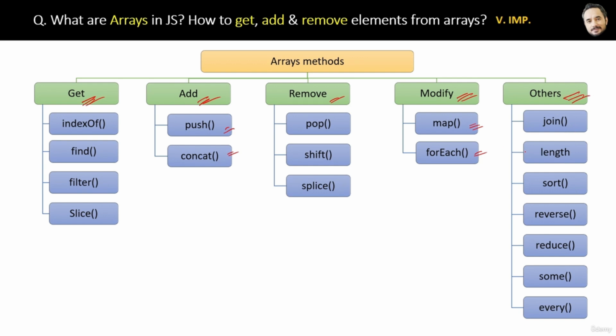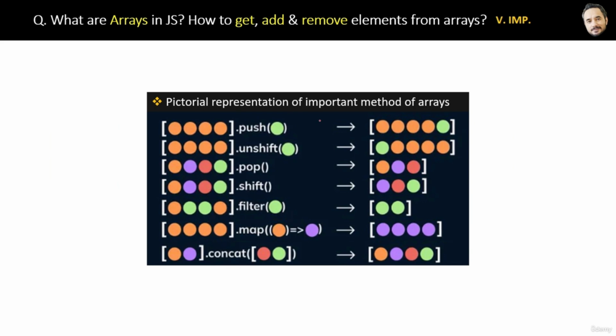I will discuss all these methods one by one in upcoming questions, but here is a quick summary of some important methods. The push method is used to add given elements at the end of the array. The unshift method is used to add the given element at the start of the array. Then the pop method is used to remove the last element of the array.